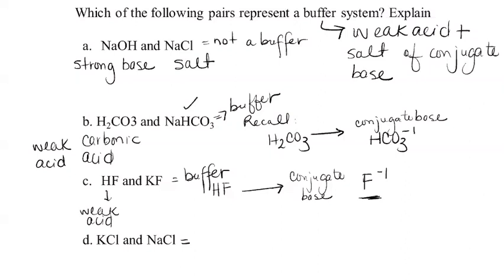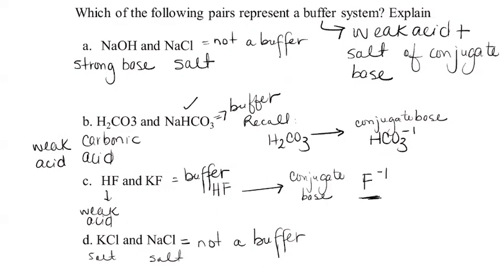Why is the correct answer that KCl and NaCl are not a buffer? Let me just write it here. This is not a buffer. Again, KCl and NaCl, none of them are acids. Both KCl and NaCl are actually salts. So this is a salt and this is a salt.